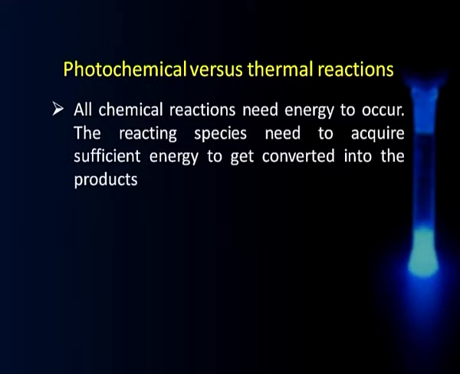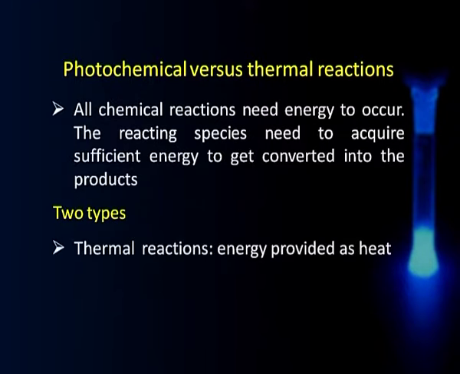Now, to make a case for it, we all know that any chemical reaction needs a certain amount of energy to occur. From our basic chemistry, the reacting species need to acquire sufficient energy, equal to, say, the activation energy, to get converted into the products. And then the question is, where does this energy come from?